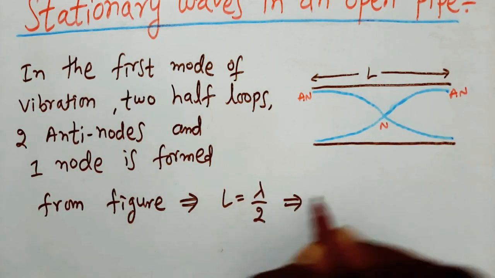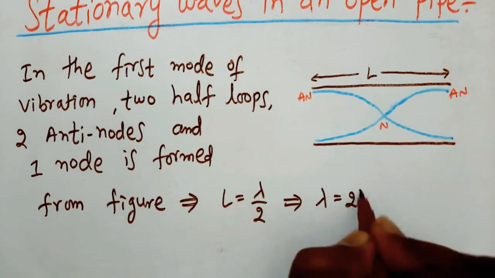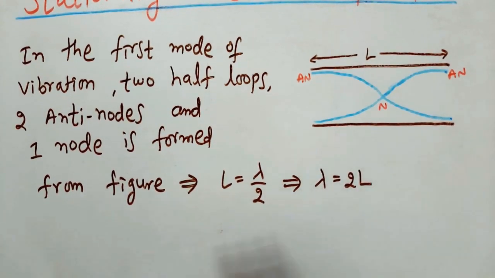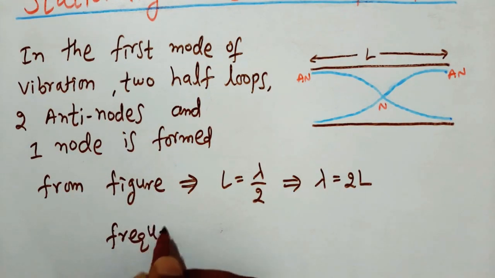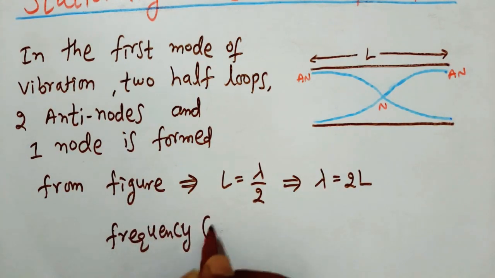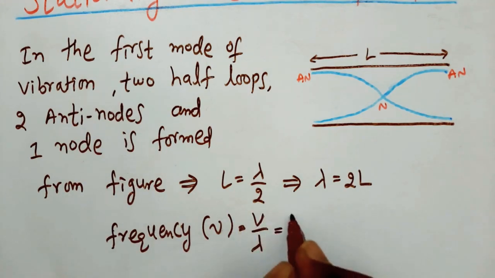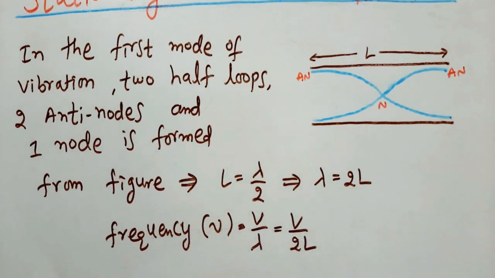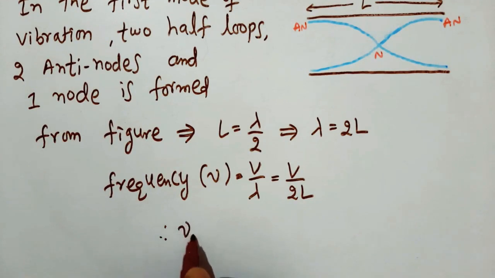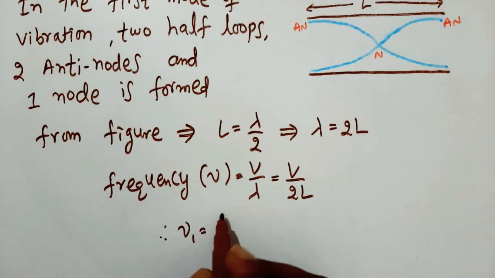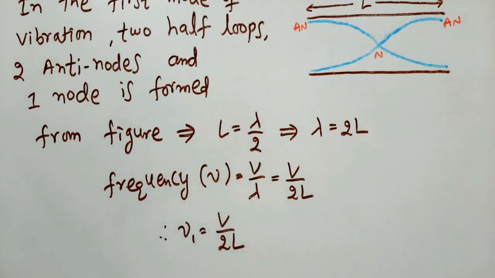So from this we can write lambda is equal to 2L. So frequency, we know frequency nu is equal to what? V by lambda. That is V by, here lambda is equal to how much? That is 2L. So therefore nu 1 is equal to V by 2L.